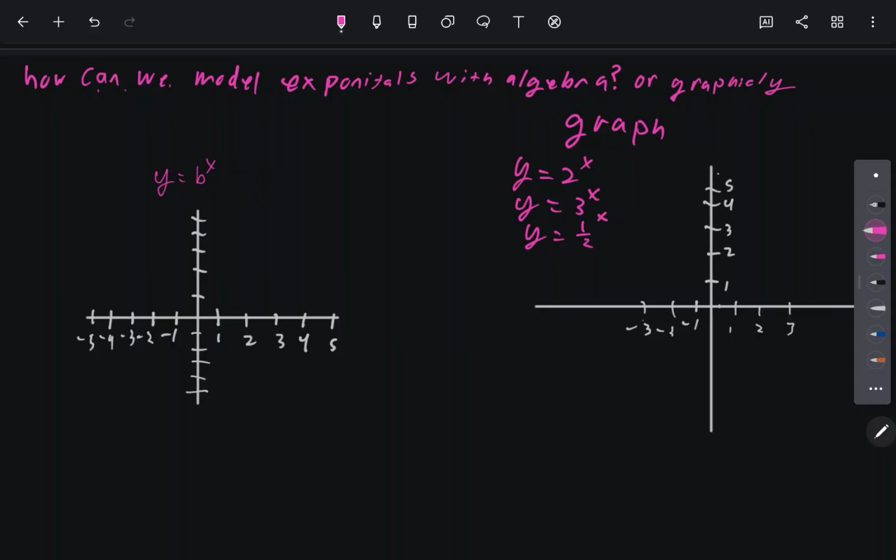How do these graphs look? Well, I have a generic looking function here, and I want to give 3 cases, and I'm going to do it in 3 different colors.